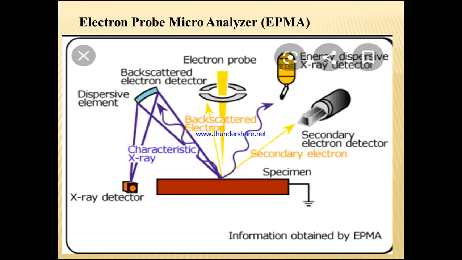Some of the electrons will be deviated when the incident electron beam hits the sample. The direction changes, that is, it deflects, and we can see the backscattered electrons.